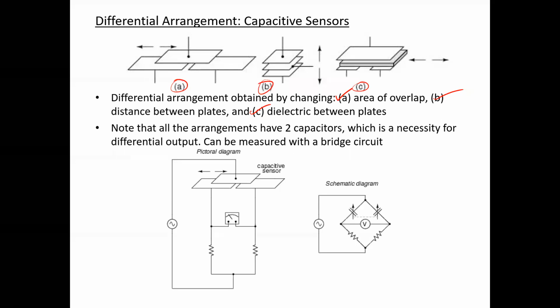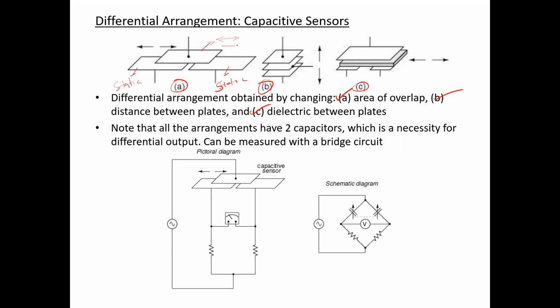Now, for the first arrangement, these two plates are considered to be static, and the upper plate is a movable plate which can move to the left or right. As it moves, the area of overlap between the upper plate and the two static plates will change depending on the direction of the movement.